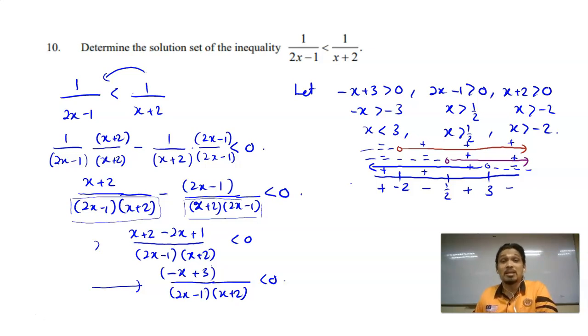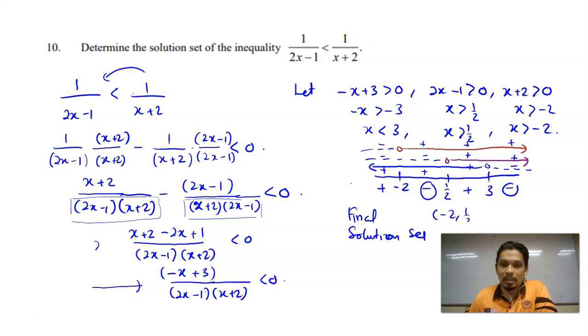So which numbers are less than 0? Yes, negative. This one here and here. So the final solution set is from negative 2 until half, union 3 to positive infinity, which is less than 0, negative. There you go.